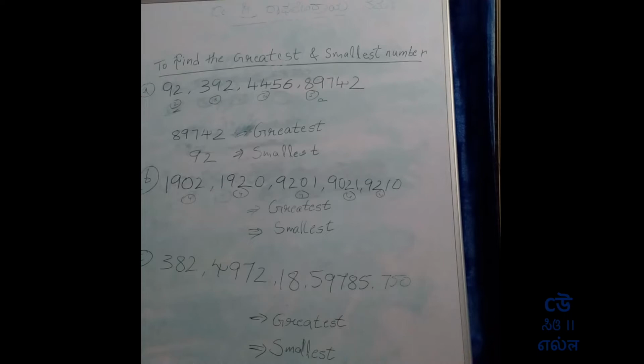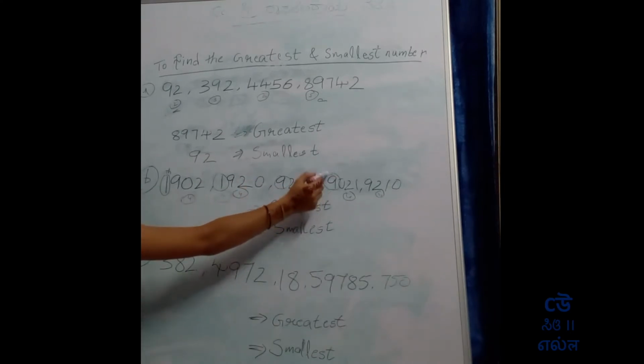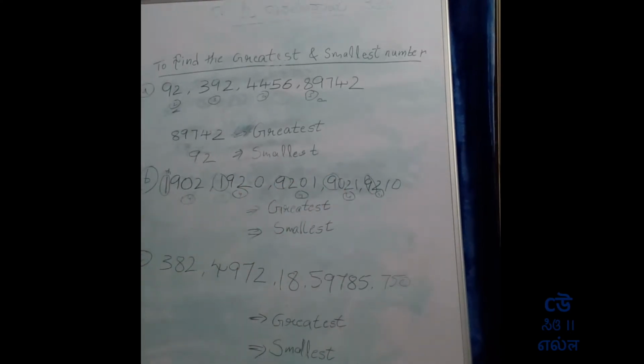If we have an equal number of digits in each number, then we have to consider the place which has the highest value, that is the thousands place. In each number we take the first digit.